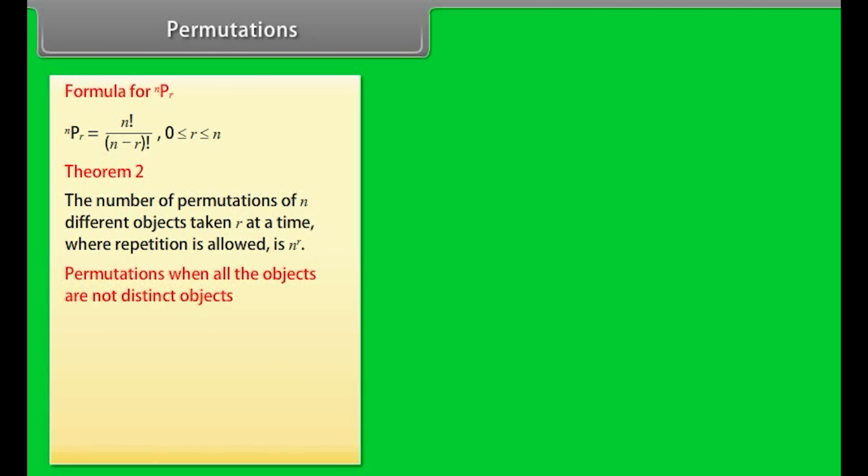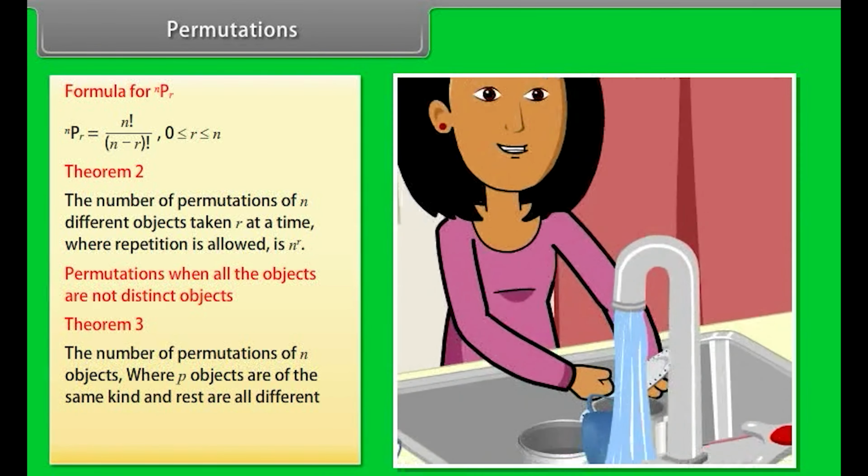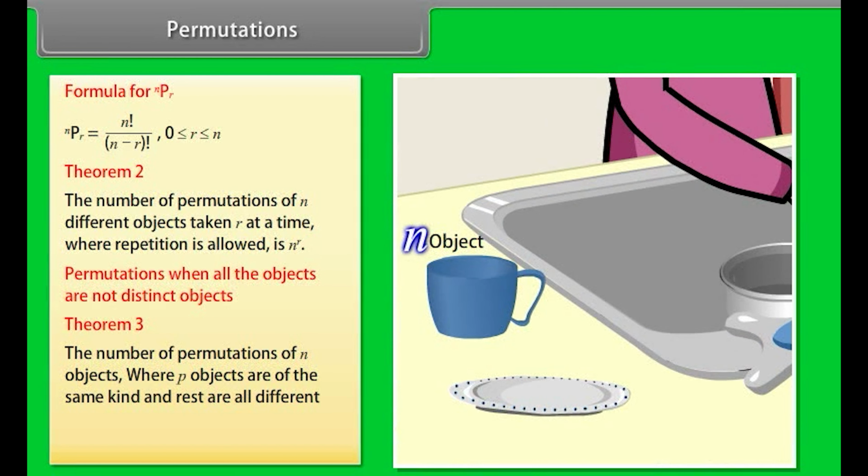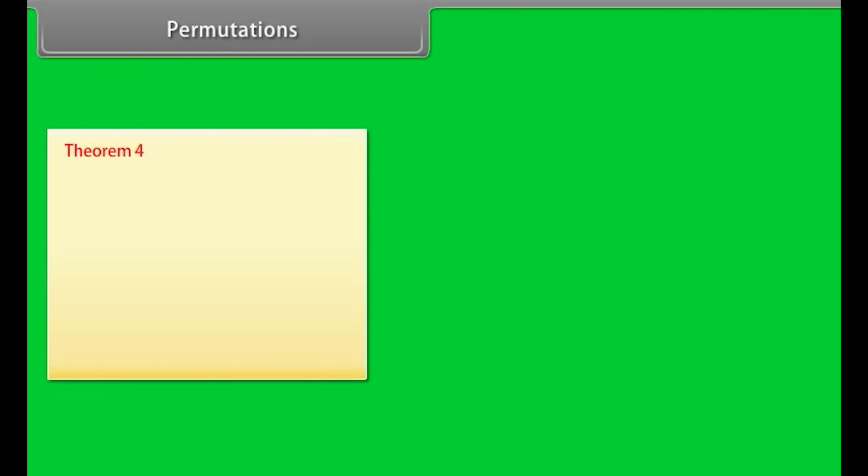Permutations when all the objects are not distinct objects. Theorem 3. The number of permutations of n objects where p objects are of the same kind and the rest are all different is equal to n factorial by p factorial. Theorem 4.